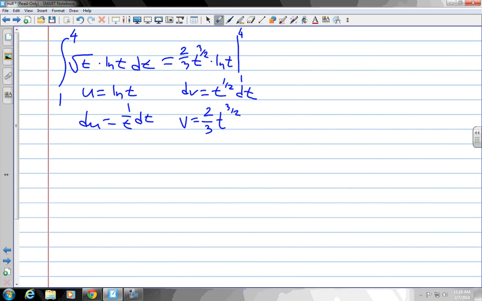We can do them separately. Minus the integral of v du. Because everything is in terms of t, the limits will stay the same. So that's 2/3 t to the 3/2 times 1 over t dt.